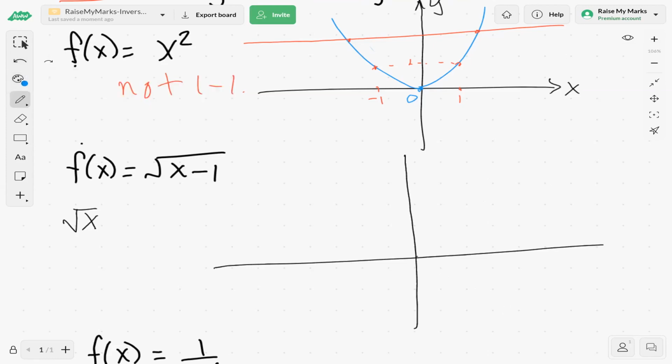So let's graph our transformed function 1 unit. I'm making a lot of mistakes today. That's not good. All right, it's 1 unit to the right. There you go. Okay, so now let's determine if our function is one-to-one. Again, what did we say one-to-one was?